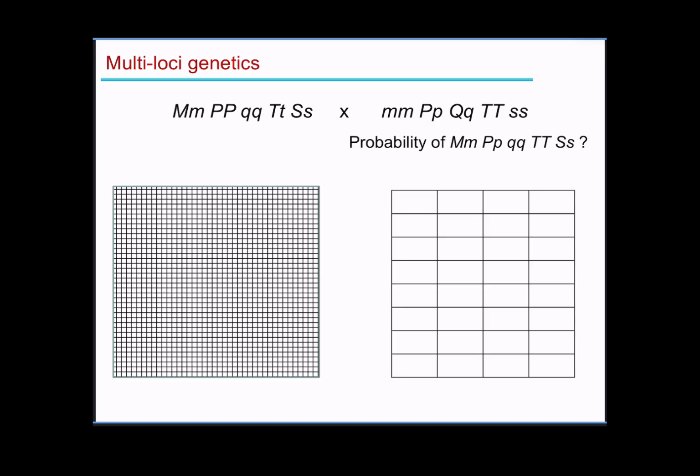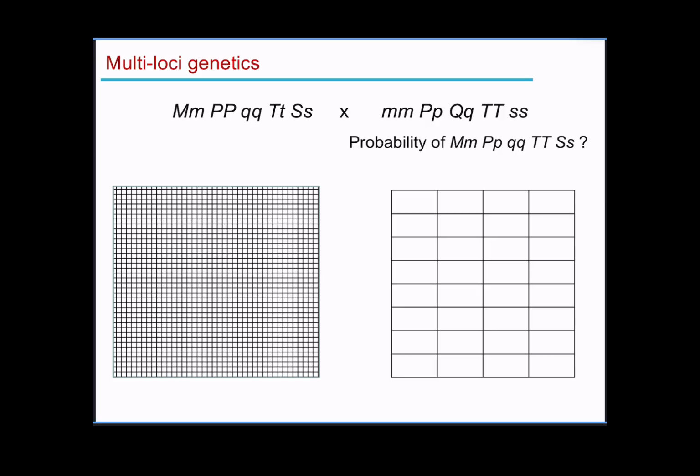And we're talking about this first parent here, right? So what would be the letters that are the same across all rows? P and Q, because the first parent is homozygote dominant for P, so the only thing that first parent can put into the gametes is a dominant P. And Q, because this first parent is homozygote recessive for Q, so the only thing that it can contribute is a recessive Q.